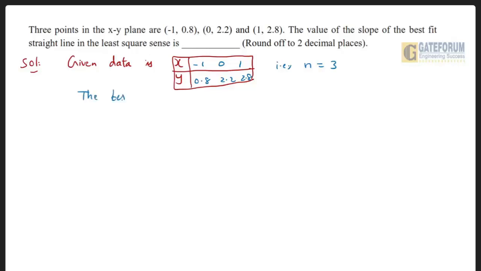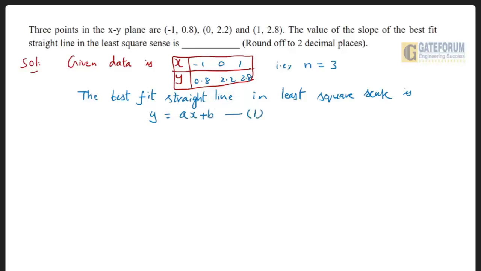Now, the best fit straight line in the least square sense is y is equal to ax plus b, or you can write a plus bx.